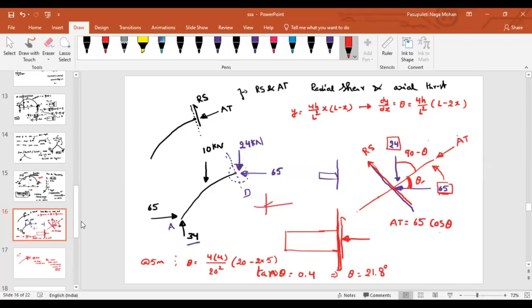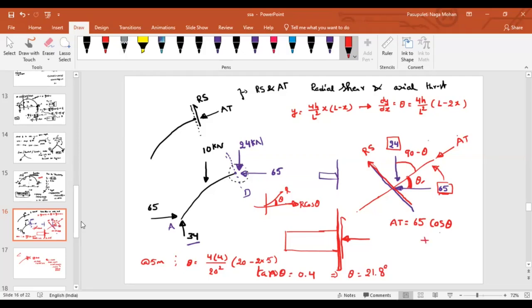We have seen it, right? If there is a force and this is angle theta, what is your horizontal component? Whichever plane is making an angle, we treat it as cos theta. So if you resolve this 65, it is 65 cos theta.